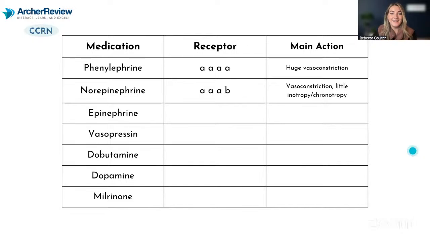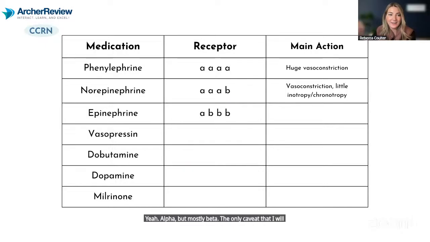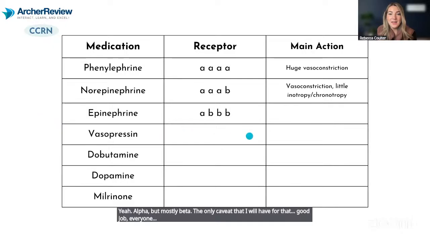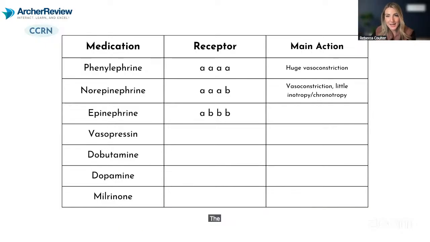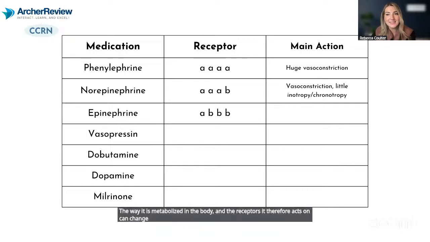Yeah, alpha, but mostly beta. And the only caveat that I will have for that, good job, everyone, is that with epinephrine dosing, and there's one other medication that we see this with, the way it is metabolized in the body and the receptors it therefore acts on can change just slightly.